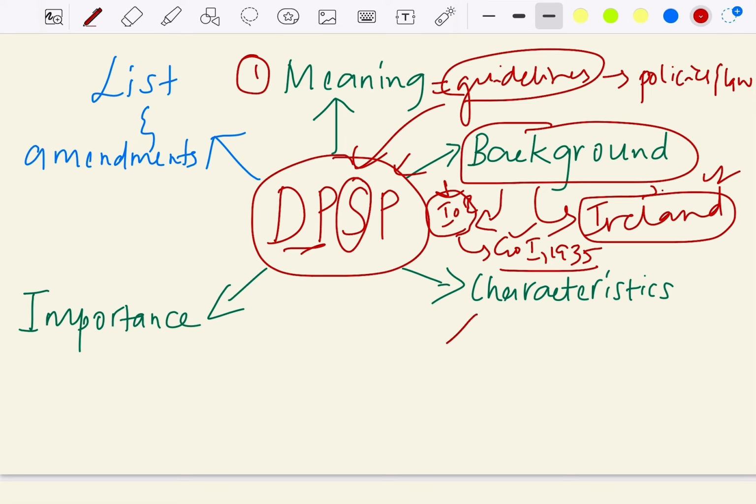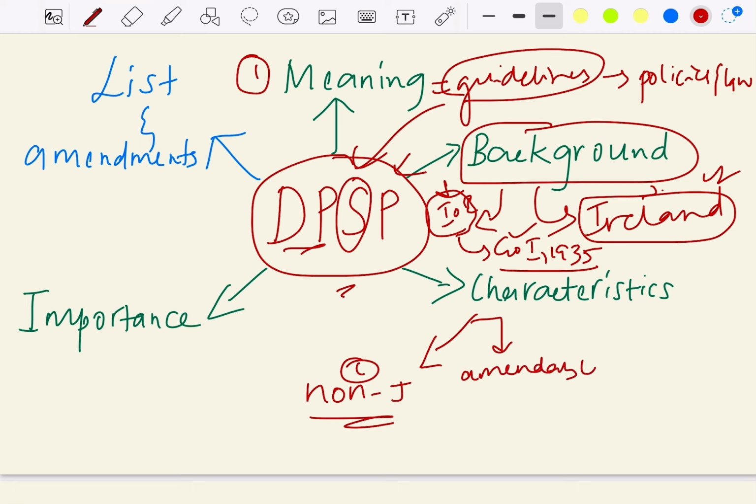If we see the characteristics of DPSP, we studied that the Directive Principles of State Policy are non-justiciable. Justiciable rights mean we can seek justice for the violation of those rights, whereas DPSP is non-justiciable. That is, we can't go to courts and seek justice for the violation of DPSP. DPSP is also amendable in nature.